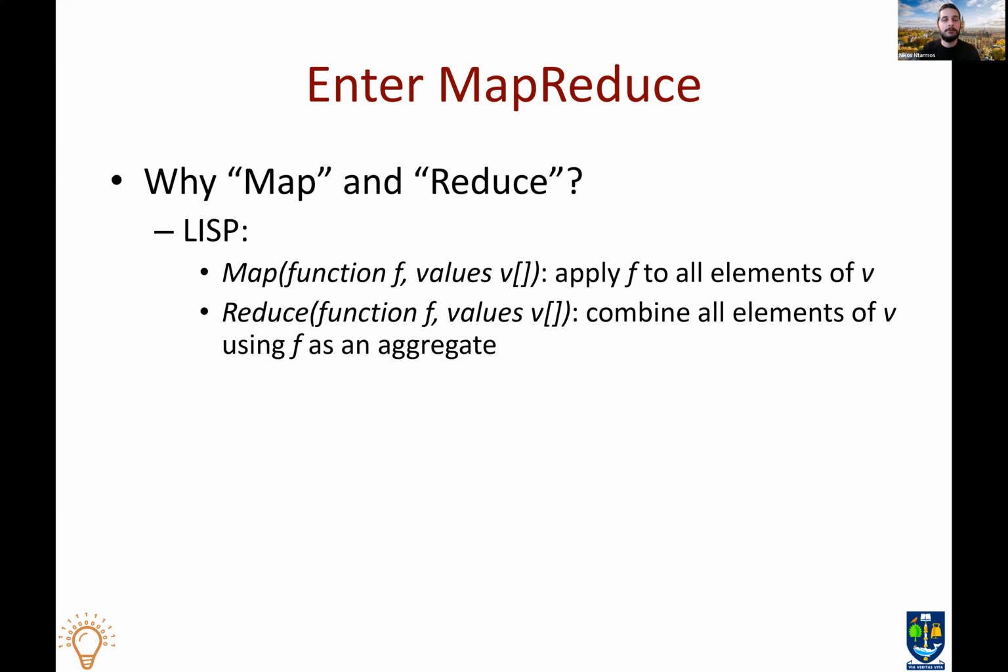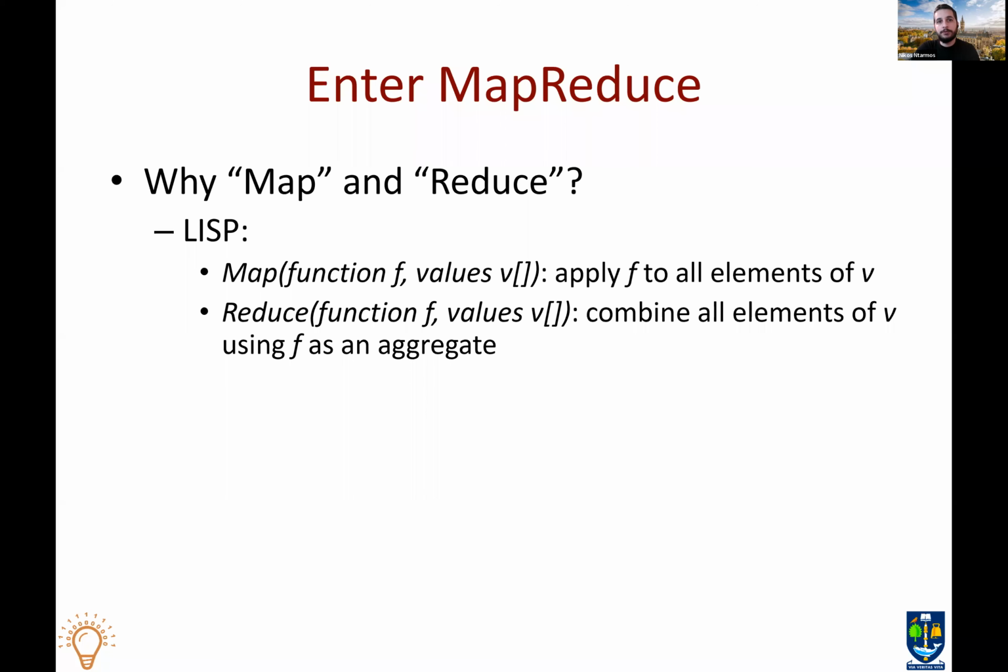Actually, the terms come from Lisp. The way they are applied in Lisp is you have these map and reduce concepts. The map concept is that you have a list of values and a function, and map will apply that function to all of the values. So given a list of values as the input and a function, you produce a list of values in the output, each of these values being the outcome of that function applied to an element of the input.